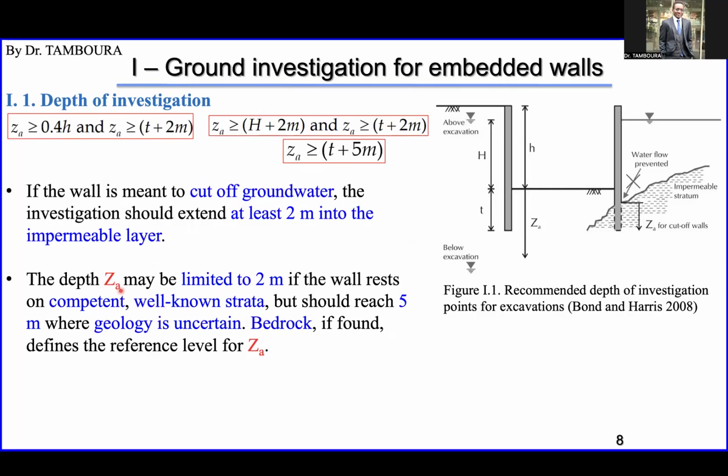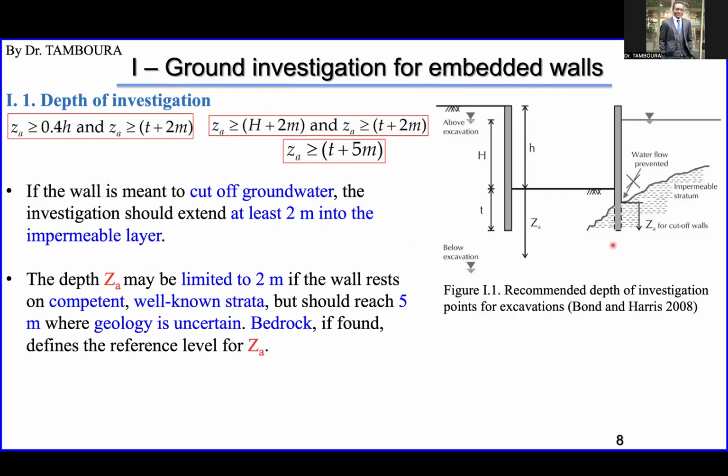So this ZA may be limited to 2 meter if the wall rests on rock, for example, on this kind of very competent layer, very competent soil, and if you know that layer very well, maybe the rock.